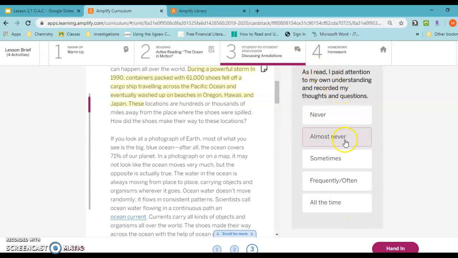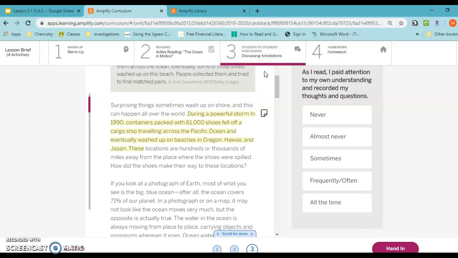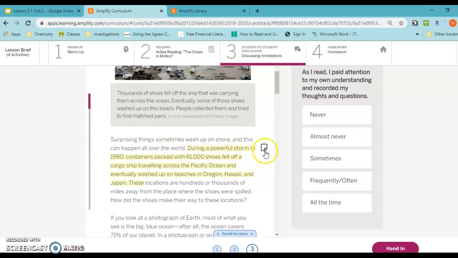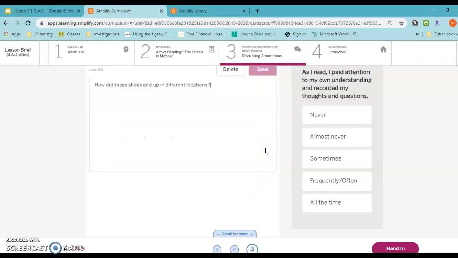So you're going to honestly pay attention and record your thoughts and questions. And then you're going to hit hand in. And so, boom. So then Miss Jackson knows how you felt about how you annotated this article. And then I can also see your annotations. So if you look here, this is what it looks like for Miss Jackson. I can see your annotations. I can click on it. I can see your notes and everything.